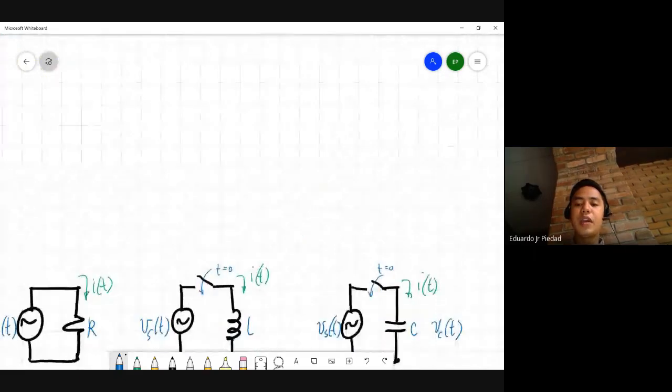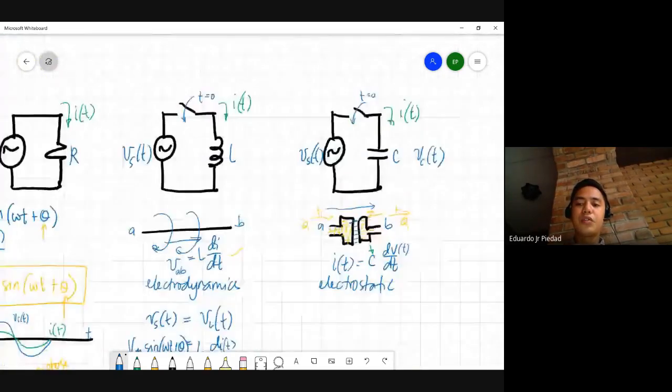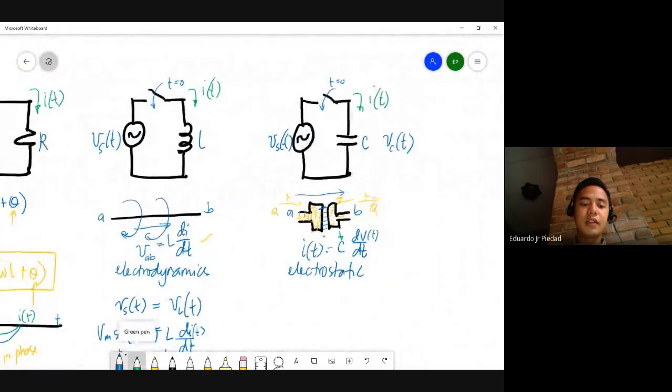Okay, and our goal is to show that the current and voltage are out of phase by 90 degrees. So we can assume that the current is Im sine of wt plus theta, where theta is whatever value.